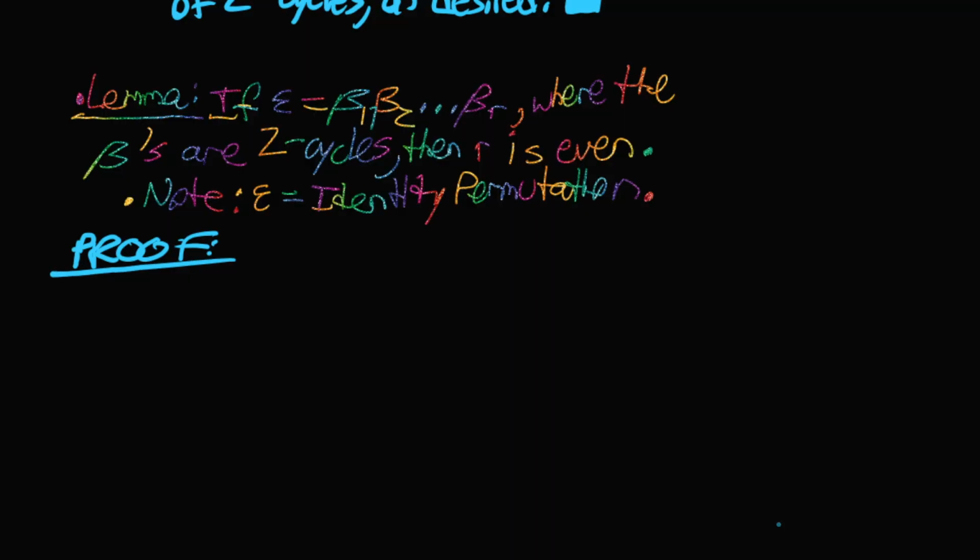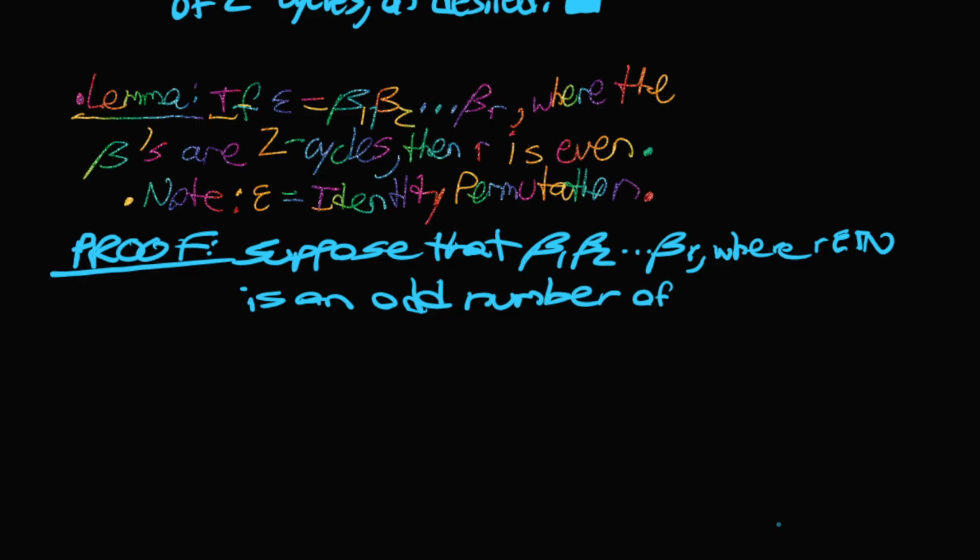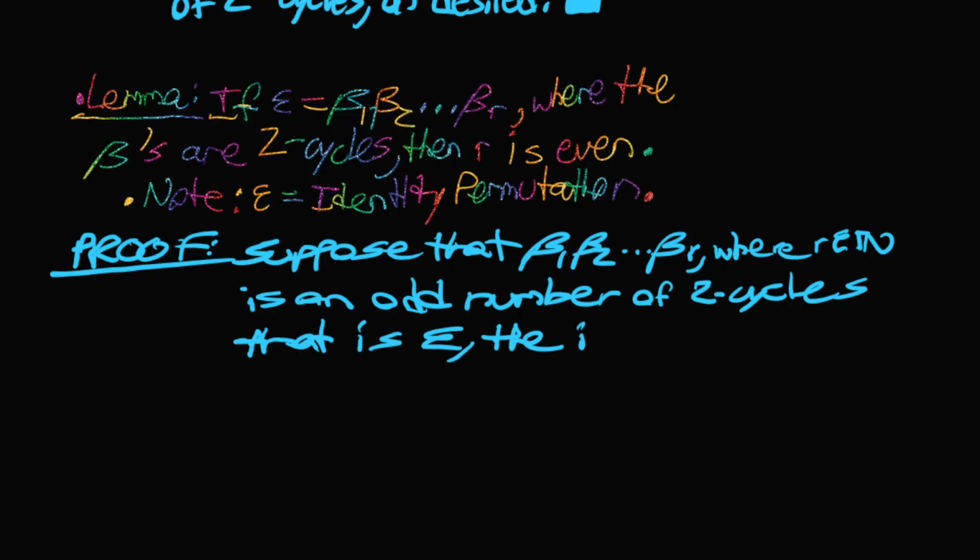So let's suppose that beta 1, beta 2, and so on to beta r, where r is a natural number, is an odd number of two cycles, that is epsilon, the identity.